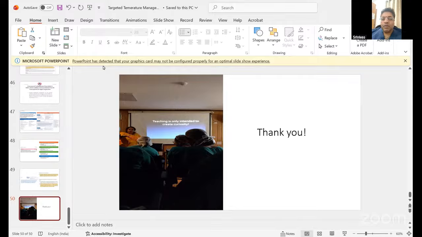Euthermia is the bare minimum standard we should maintain. In a selected cohort of patients, probably we can try to reduce the temperature to 35. Anything below that does not seem to be backed by the current body of evidence, whether it's the Eurotherm or other trials. So that is the take-home point.